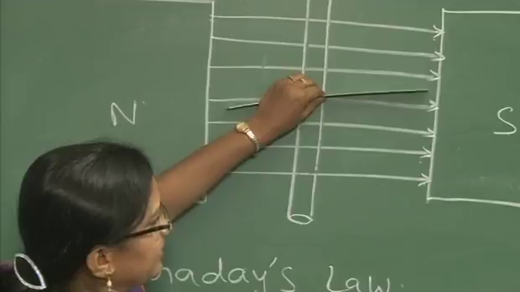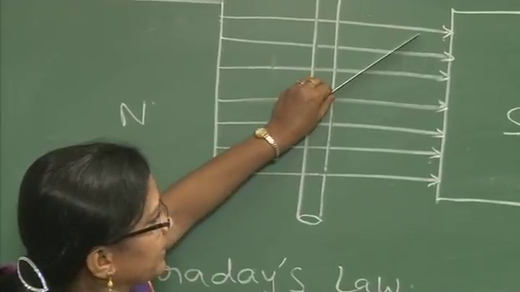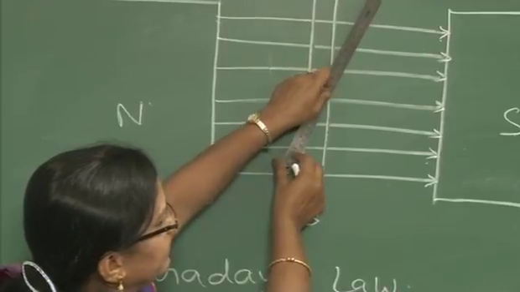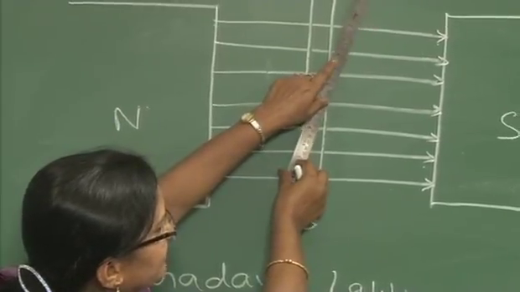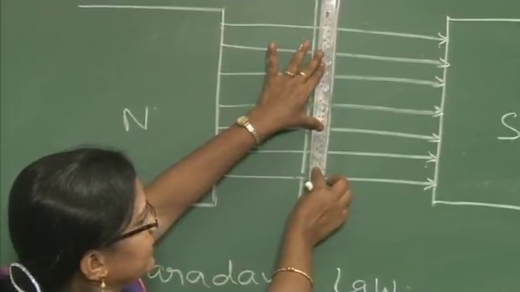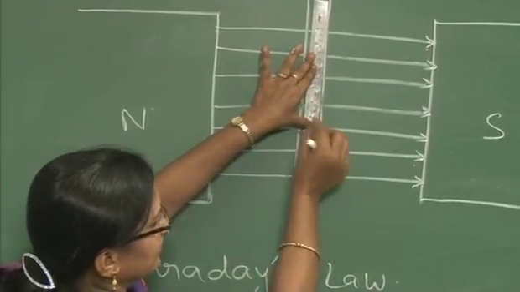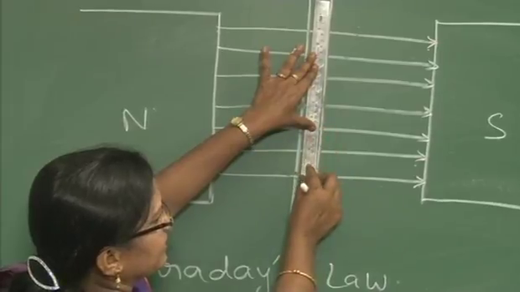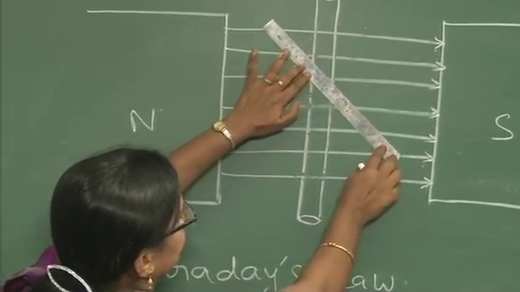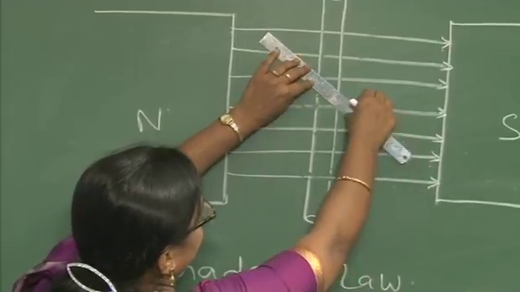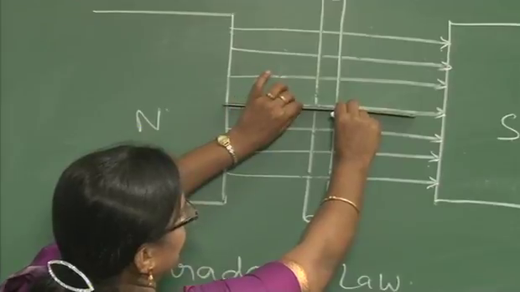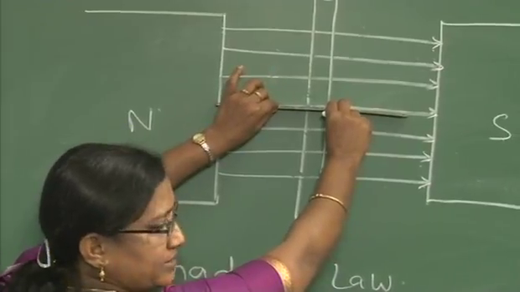Whenever this conductor moves in this magnetic field, the number of flux lines cut by the conductor increases. At this point, the maximum flux lines will be cut by this conductor, and when it rotates like this, the number of lines cut is decreasing. When it is at 180 degrees, again it becomes 0.